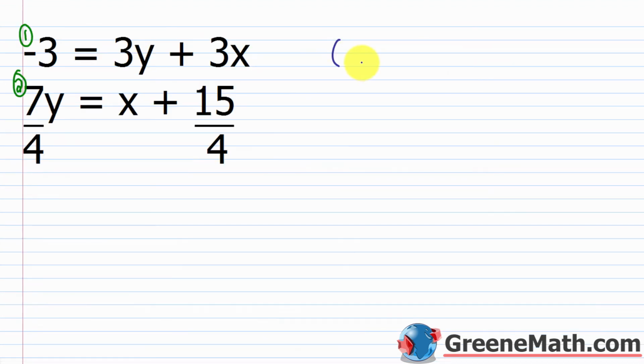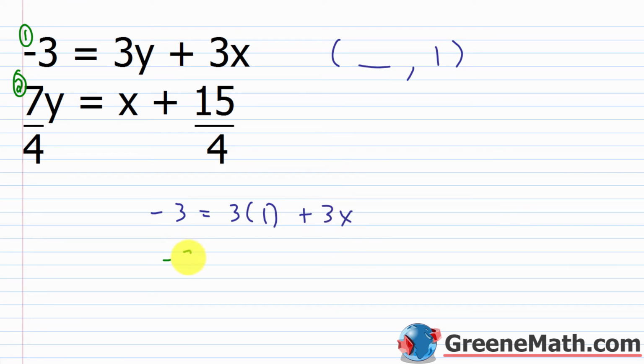All right, so our ordered pair would be something for x, comma, 1 for y. Now I can plug a 1 in for y in either equation 1 or 2. Looks like it's a whole lot easier to work with equation 1 because, again, I'll have to deal with those fractions. So let's go ahead and do -3 is equal to 3 times y. Y is 1, so 3 times 1 plus 3x.